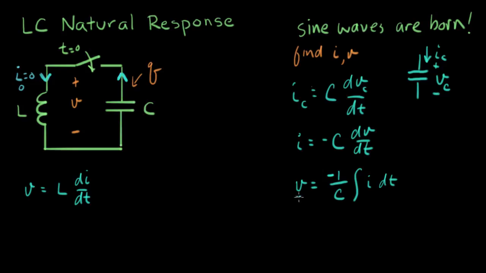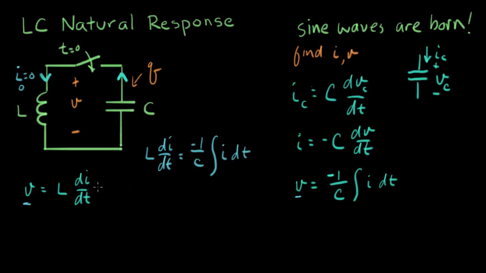So now we have an expression for V on the capacitor, and we have an expression for V on the inductor, and we know that that's the same voltage. So let's set these two things together. We can say that L di/dt equals minus 1 over C times the integral of I dt.